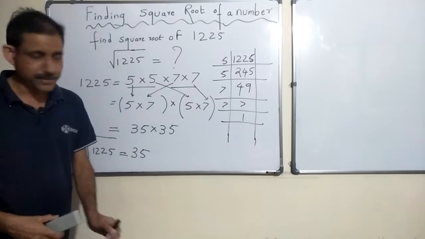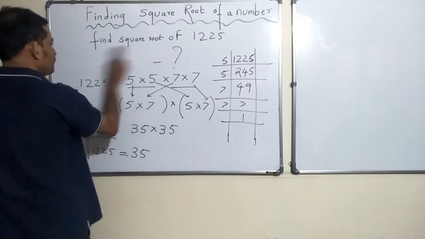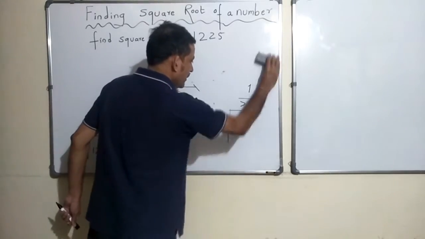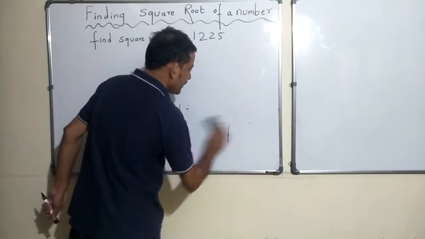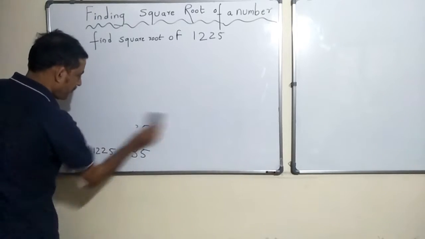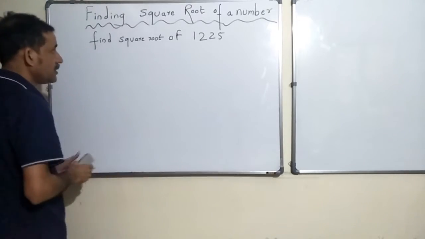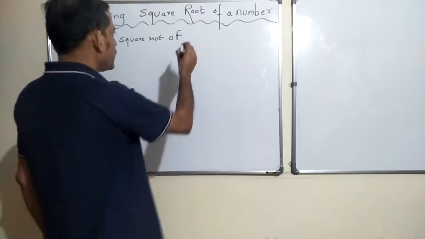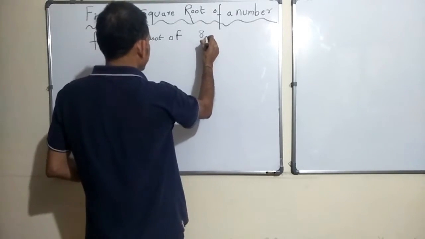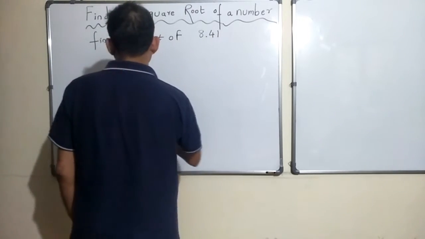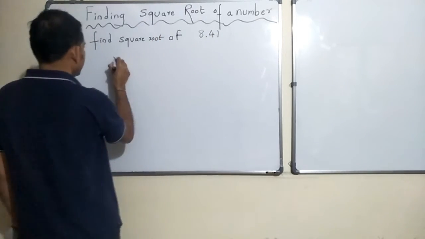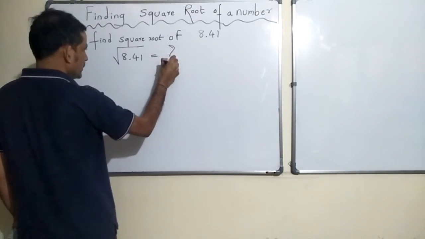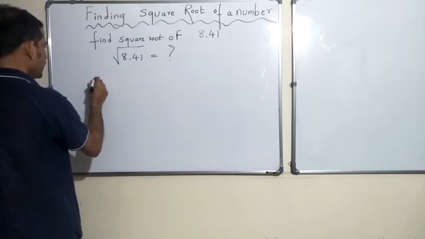Let's take another example. So the next problem is the square root of 8.41. Essentially what we need to find out is the square root of 8.41. Let's simplify this a bit.